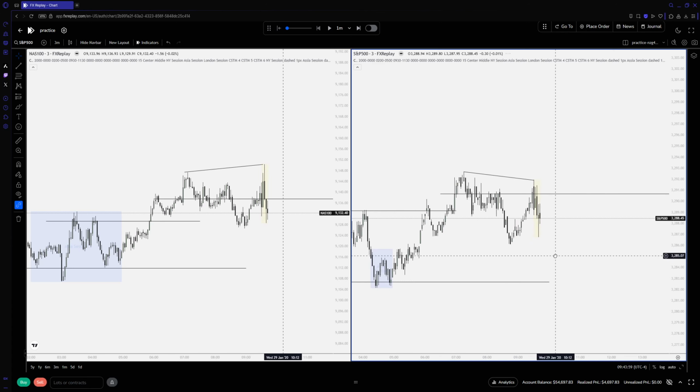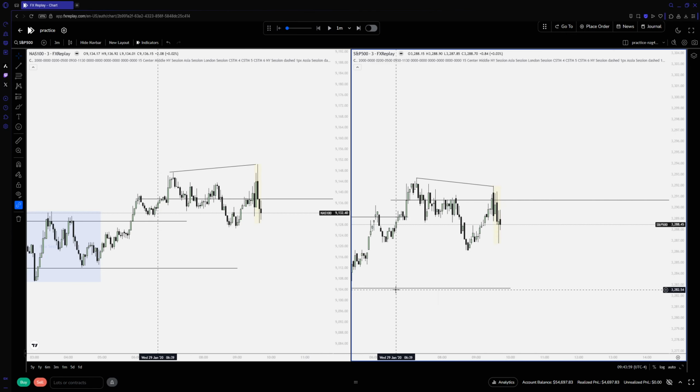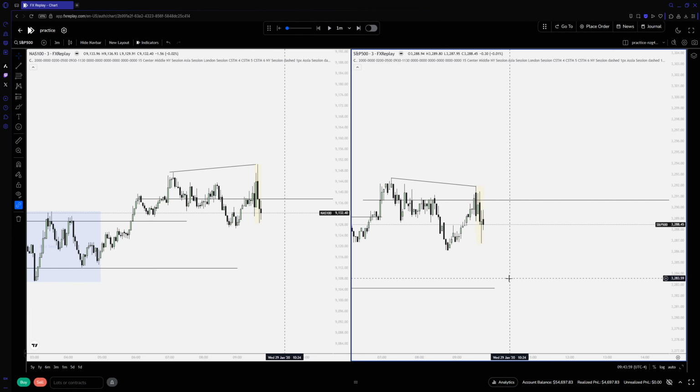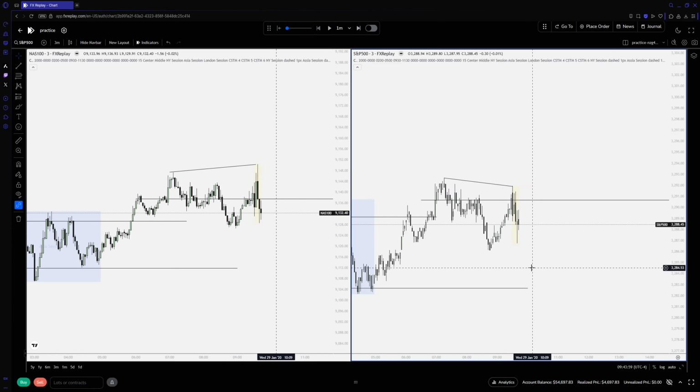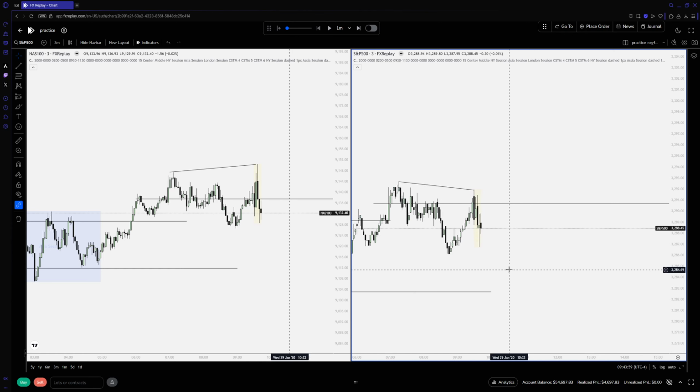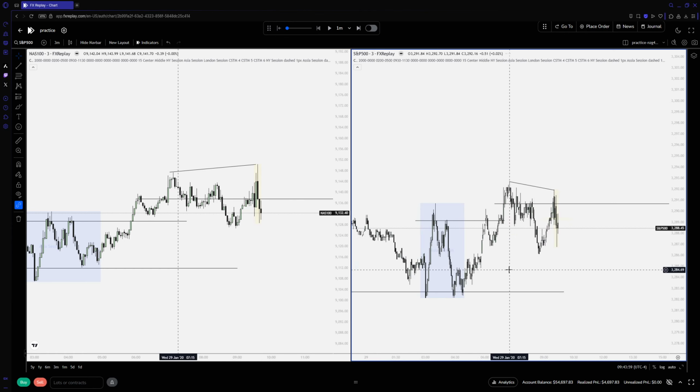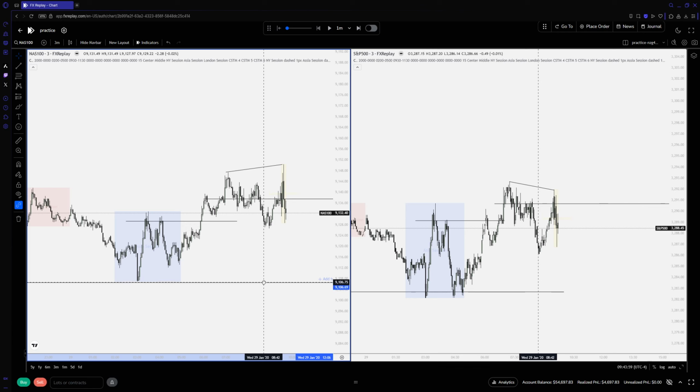So in terms of which one is the faster one or the weaker or stronger, it's hard to tell here. I will say that NASDAQ was the one to put in this SMT, which it has already started showing bearish price action. So in terms of strength, I cannot really determine which one is the stronger or weaker asset.